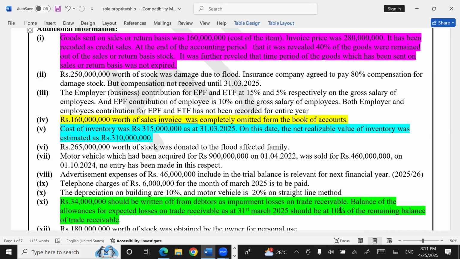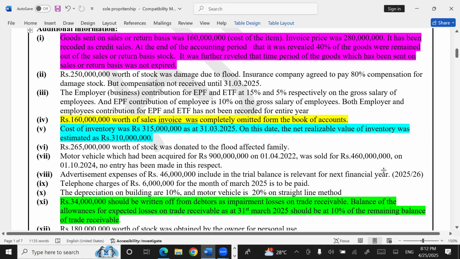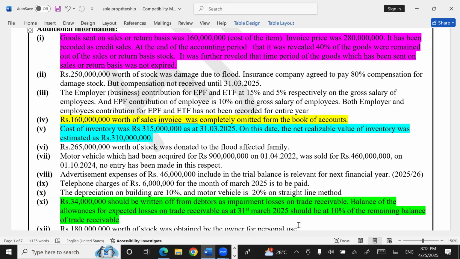If it is given interrelated adjustment, it should be done from the beginning. Additional fourth one, then first one, at the same time 5 and 11. Sales invoice complete omitters. We are going to discuss how to prepare financial statements based on the trial balance. That first one, prepare the workings.